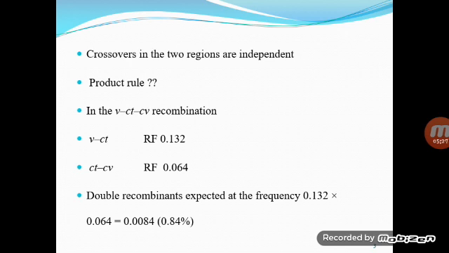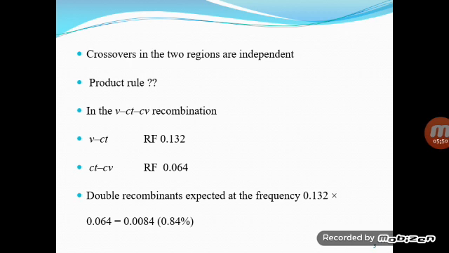First, the recombination frequency of V-CT is 0.132 and the recombination frequency of CT-CV is 0.064.